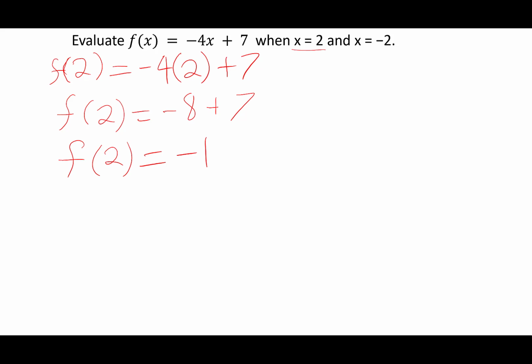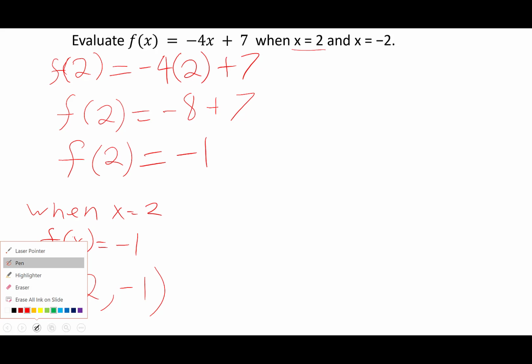So this tells me when x is 2, my f of x is going to equal negative 1. Now, another way to write this, guys, is we have a point here. This is a function, so we could graph it. I have an x and I have a y, so I could write this as the point 2, negative 1.